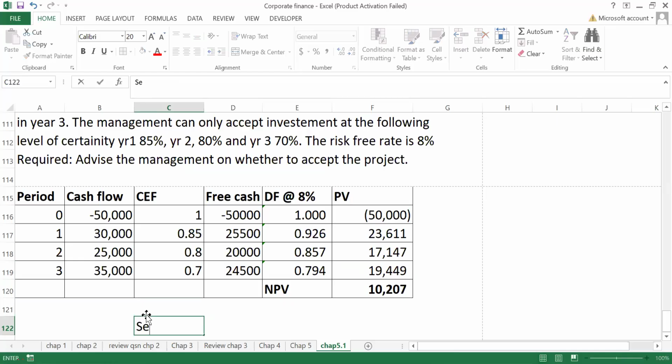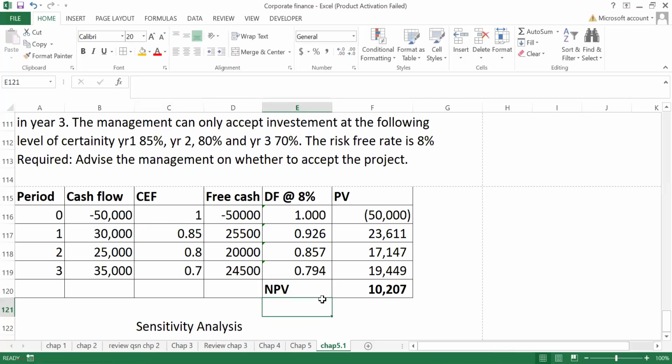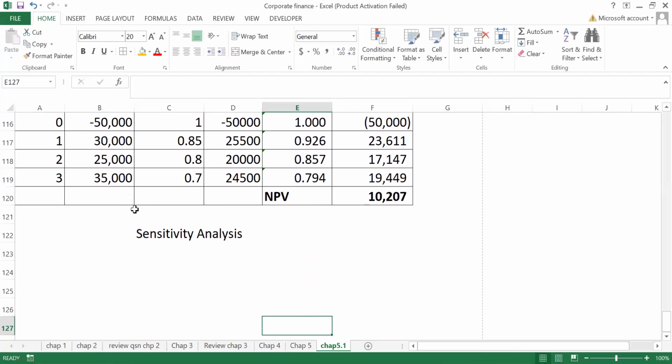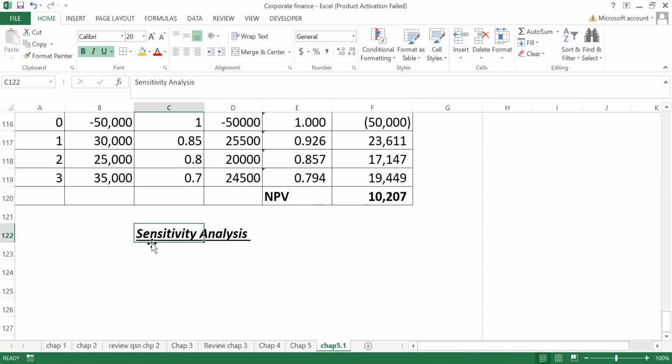So we can now go to sensitivity analysis. We are looking now at sensitivity analysis.